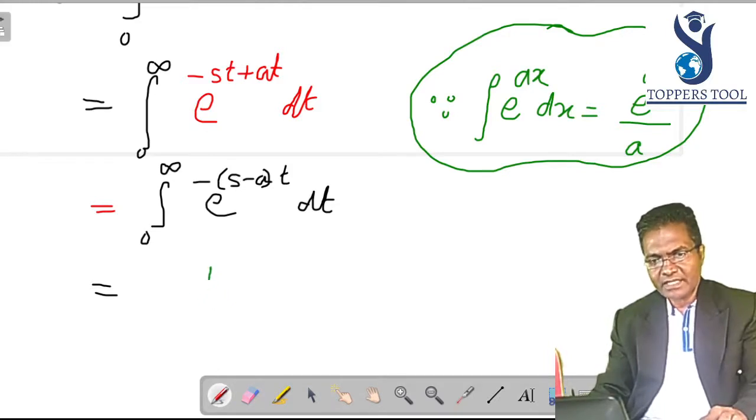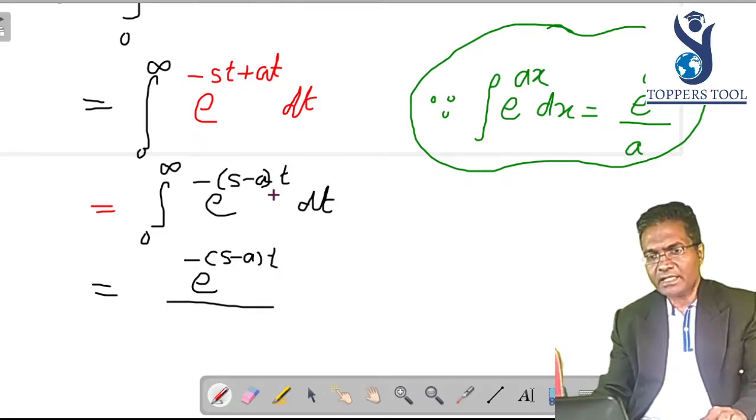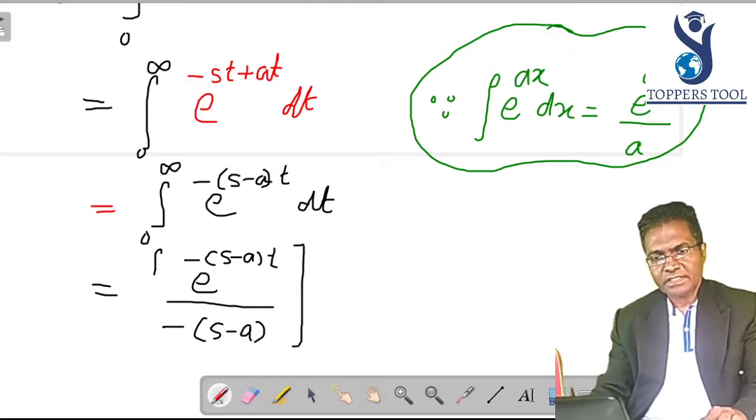So I can write it as 1 divided by e power minus of s minus a into t divided by, here a means minus of s minus a, and the limits 0 to infinity.